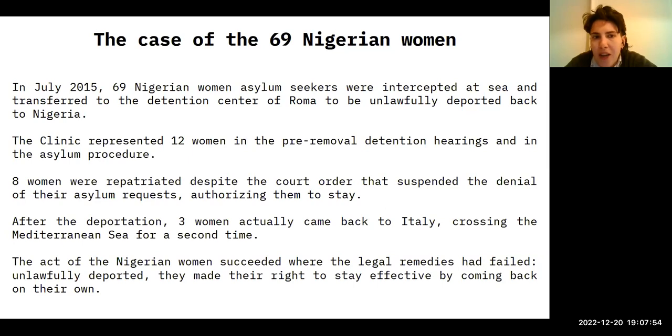We had this famous case of 69 Nigerian women asylum seekers that were intercepted at sea and transferred to the detention center of Rome, where we started to follow them and give them legal consultation. And in the end, they were unlawfully deported back to Nigeria. And with some associations, we tried to block the plane at the airport of Fiumicino, actually. Fortunately, we didn't have any legal problems for this.